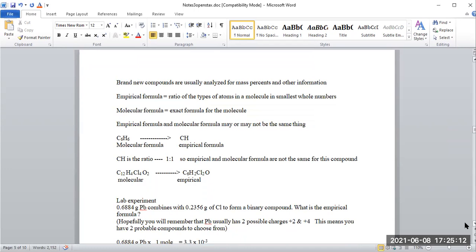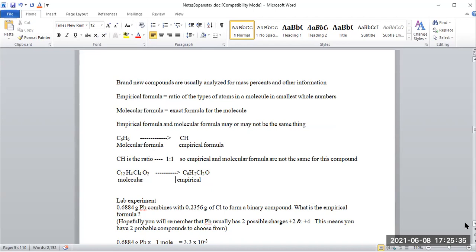And I picked on lead and chlorine. One of the things that we just finished up in the nomenclature section is looking at lead and noting that lead comes in two versions because it is a transition element. It comes in a +2 version and a +4 version.